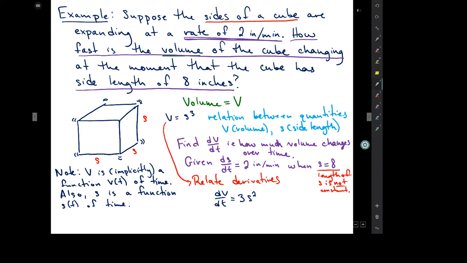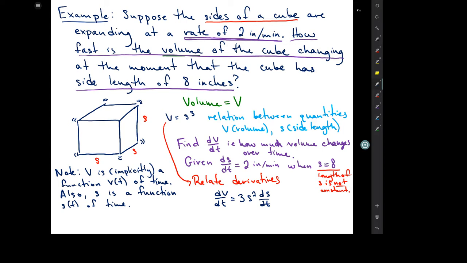And now remember that s is not just a variable, it's a function of time. So I have to use the chain rule, which is the same as implicit differentiation. I get that dV/dt, the change of volume, is related to the change of the side length, ds/dt, by multiplying by 3s squared. That's what that equation is telling me.